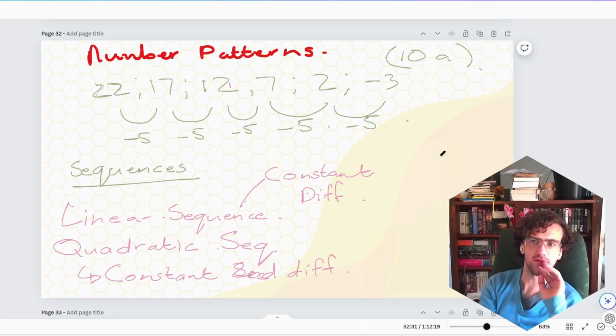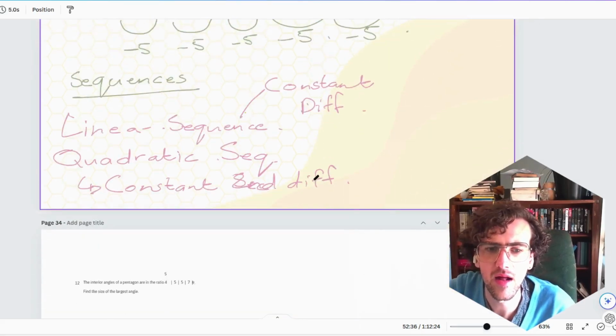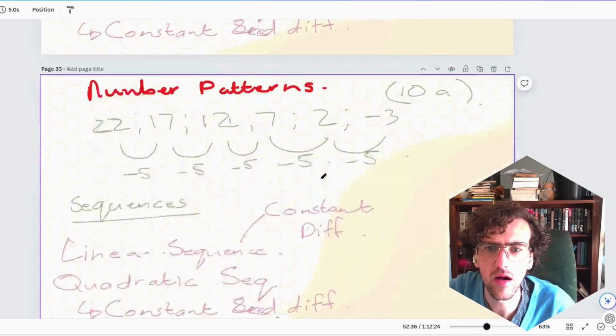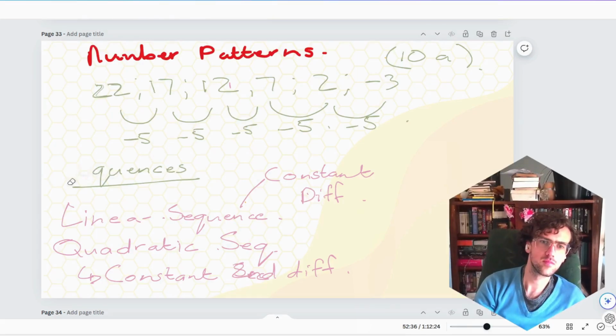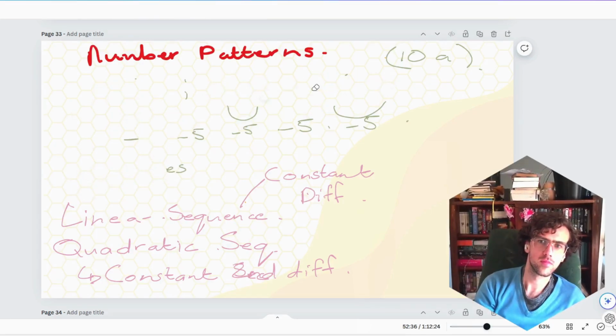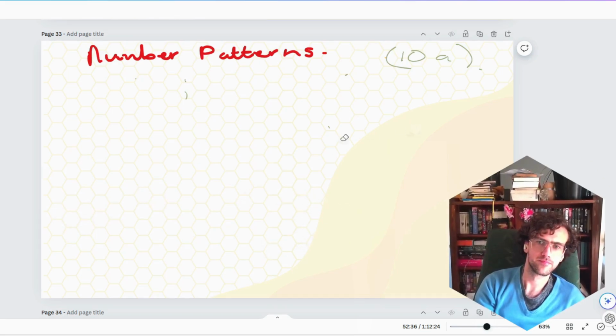Another one I can think of right now is a geometric sequence.